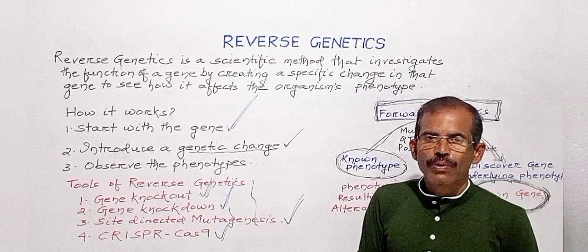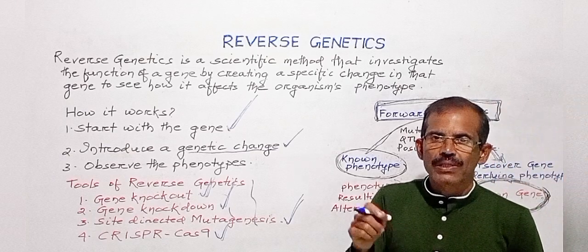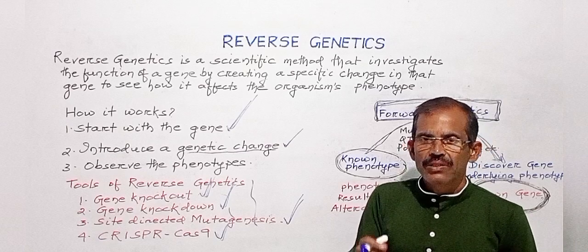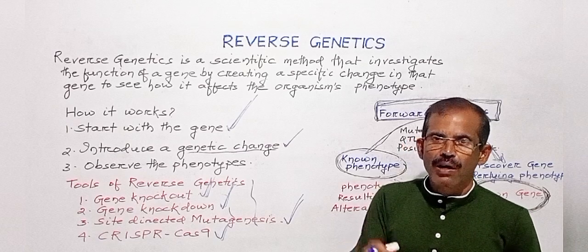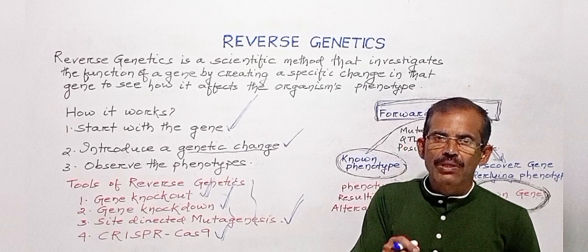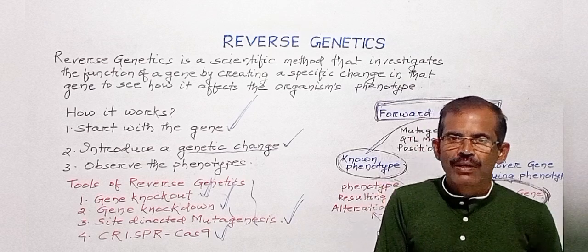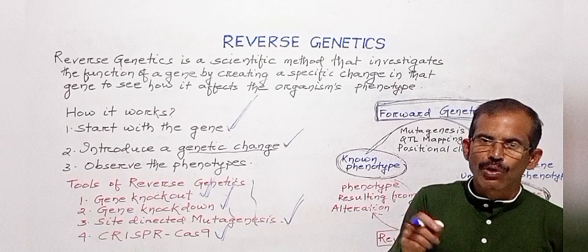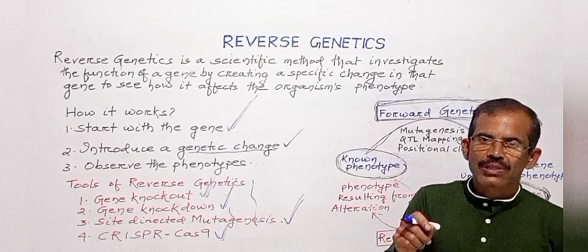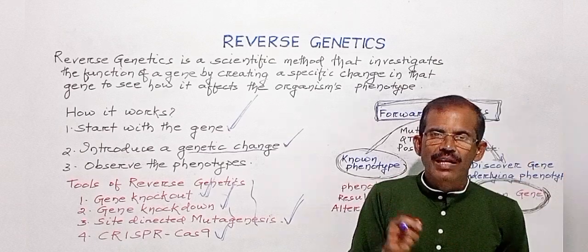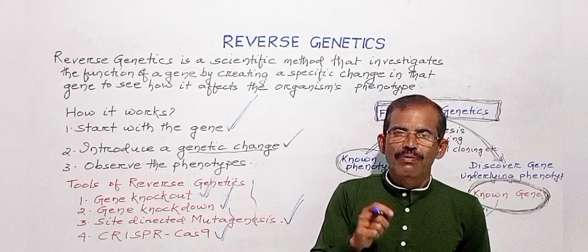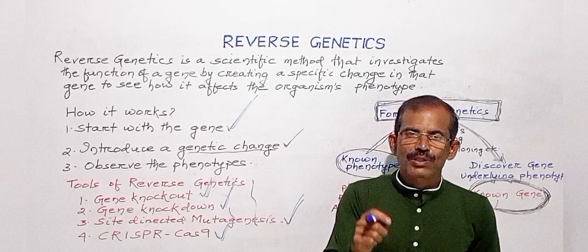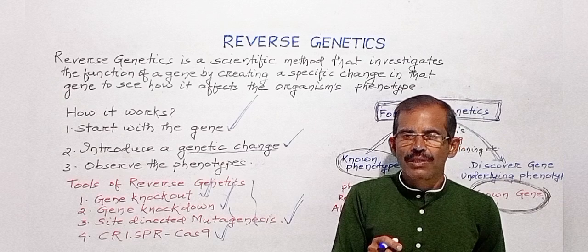For example, one gene of a cell was knocked out. After gene knockout, it was found that cell division had been disrupted. This indicates that the particular gene is involved in the process of cell division. Another example: one gene of a virus was silenced, after which the virus became less pathogenic.